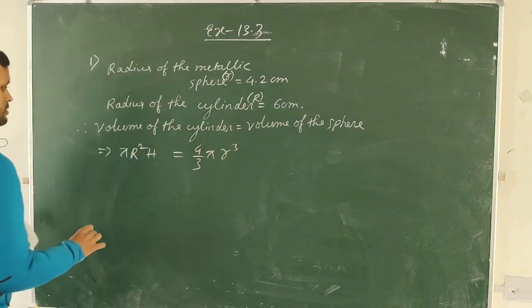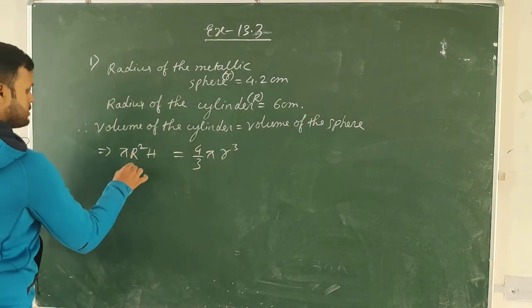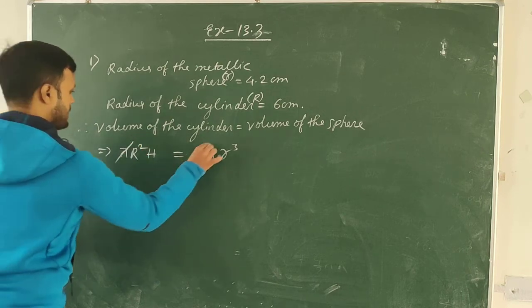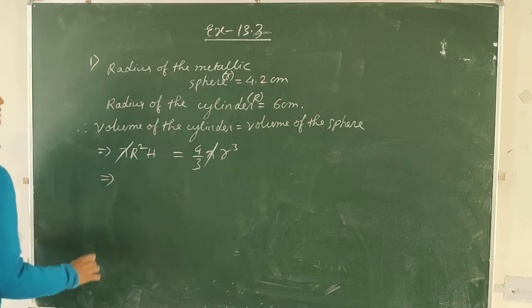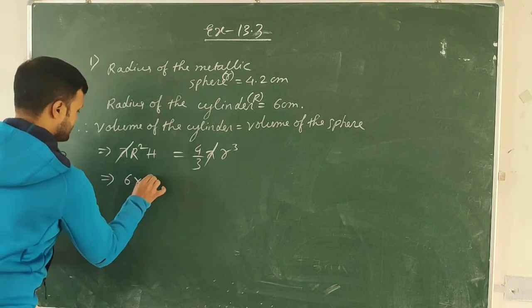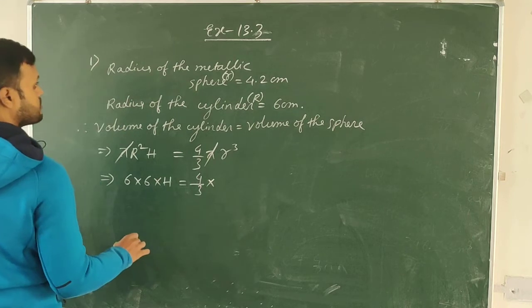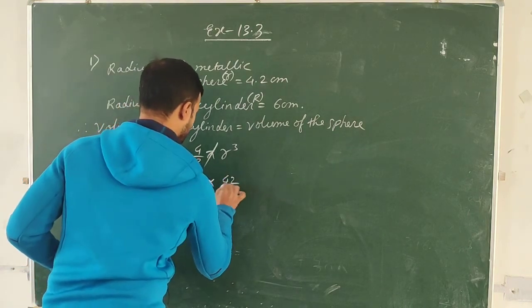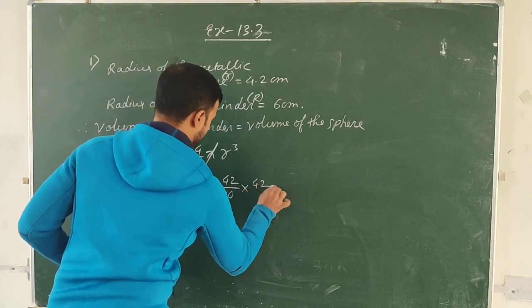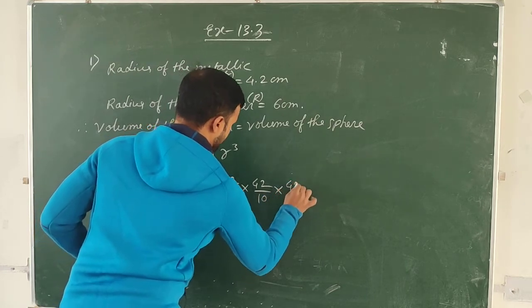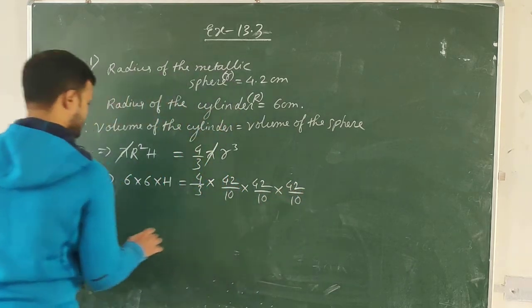and volume of the sphere is 4/3 pi small r cube. Here pi and pi will be cancelling on both sides. So capital R is 6 into 6 into H, and 4/3 into small r is 4.2, so 42/10 into 42/10 into 42/10.